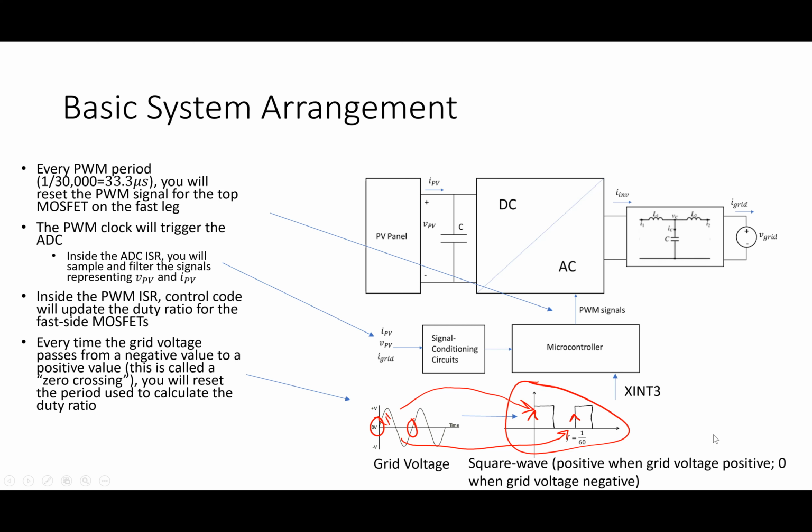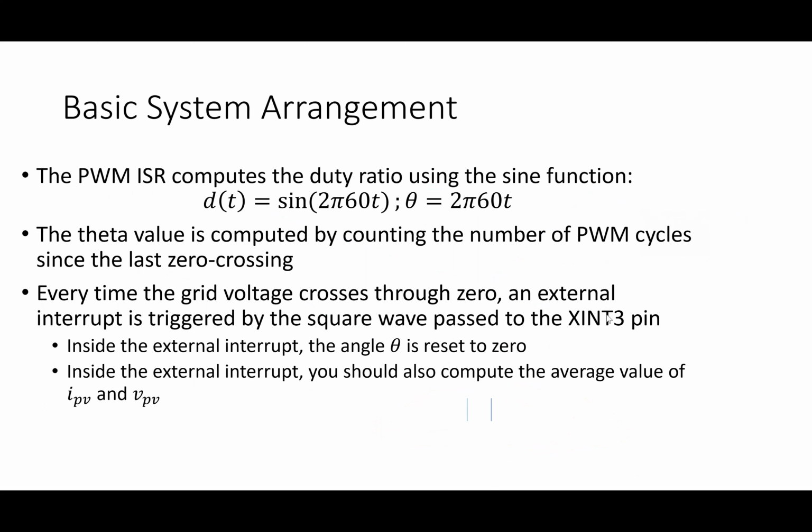I need to be able to take in this external signal. I need to be able to take in some analog input signals. And I need to be able to generate the appropriate PWM signals. Now, again, I've described this before, but in your final piece of code, your duty ratios are going to be sinusoidal functions.